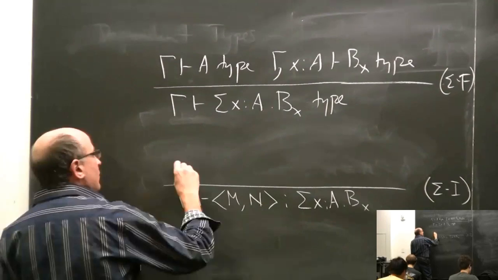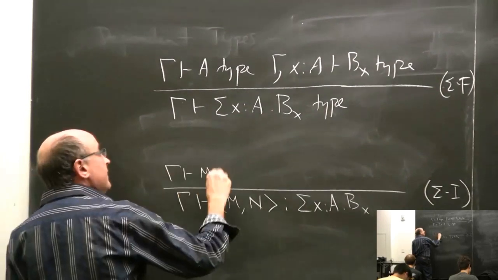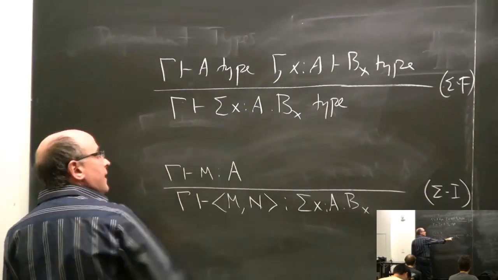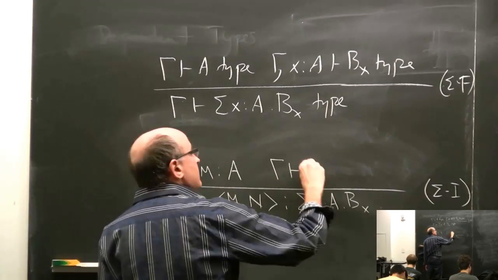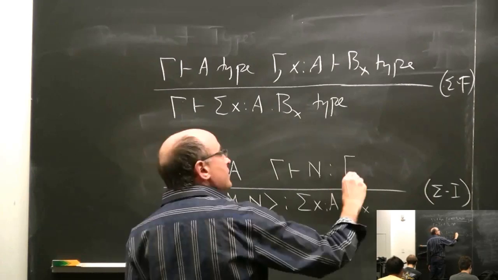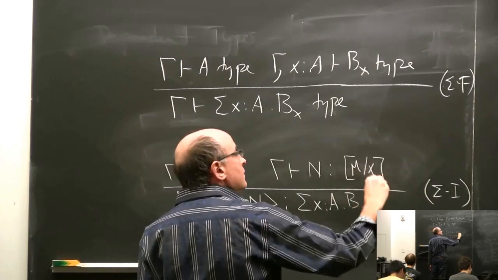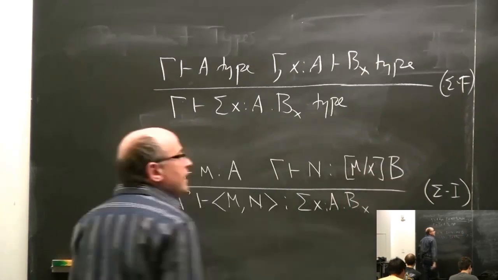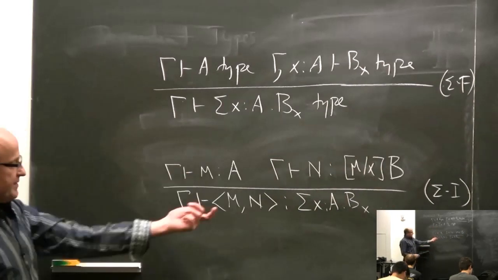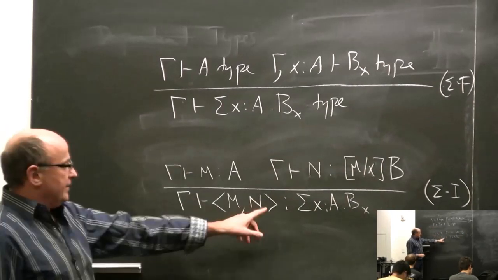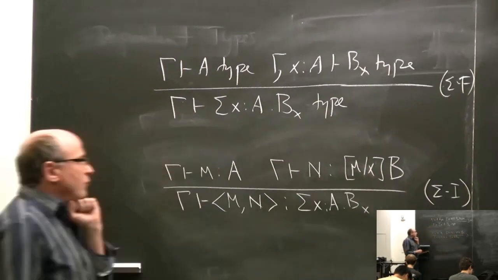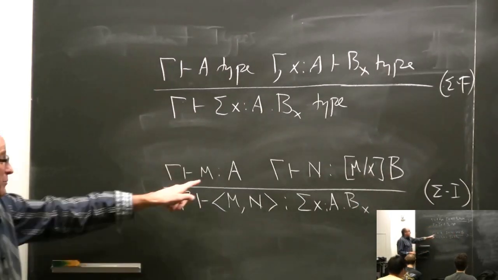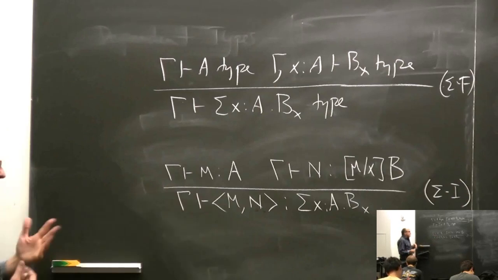I need the first component to be an A, but now the dependency is that the type of the second component depends on the first. It's that sequential dependency from left to right, that the type of this guy depends on the first element, M itself, that distinguishes it.